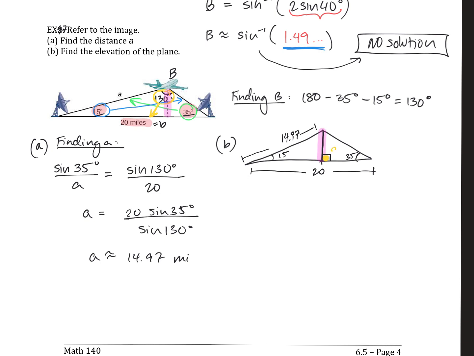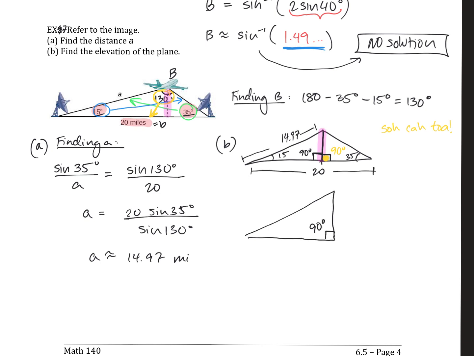So since we have 90 degrees, we can bring back SOHCAHTOA. So we're trying to find this right here. We also have that 90 degrees on this side as well. So let me make the triangle I'm going to use bigger. I'm focusing on this section here. We have the 90 degrees.